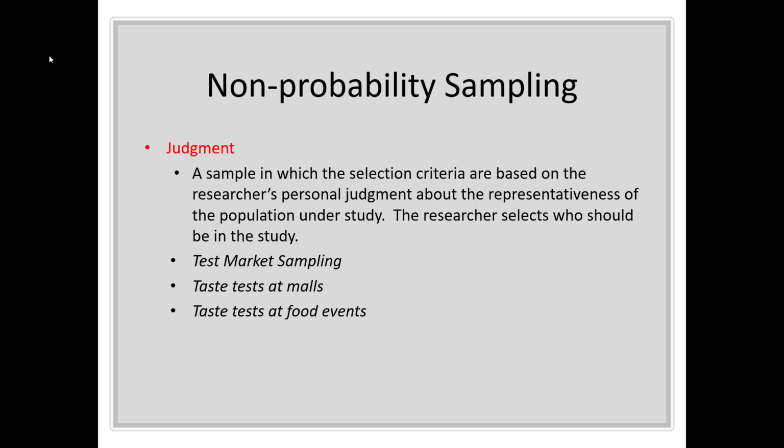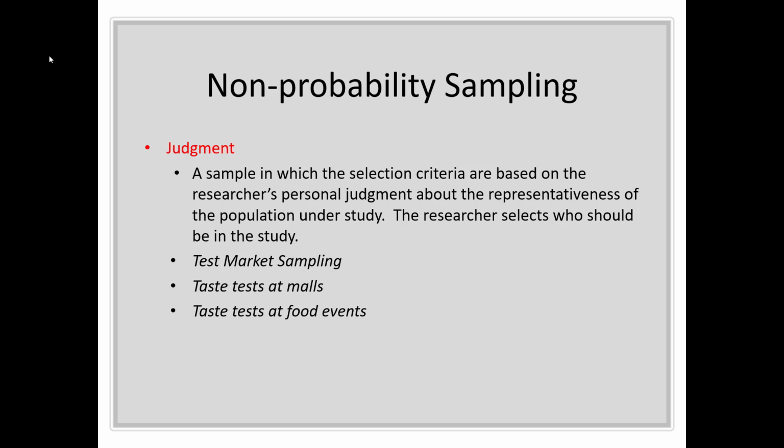The third category is called judgment sample. A judgment sample is one in which the selection criteria are based on the researcher's personal judgment about representativeness of the population and the study. The researcher selects who should be in the study. For example, we do test market sampling, taste tests at the mall, taste tests at food events.